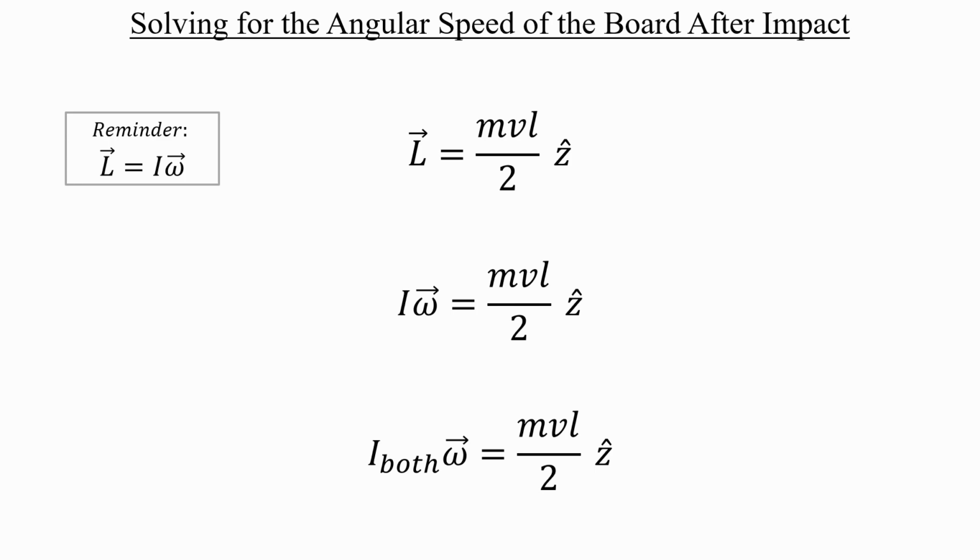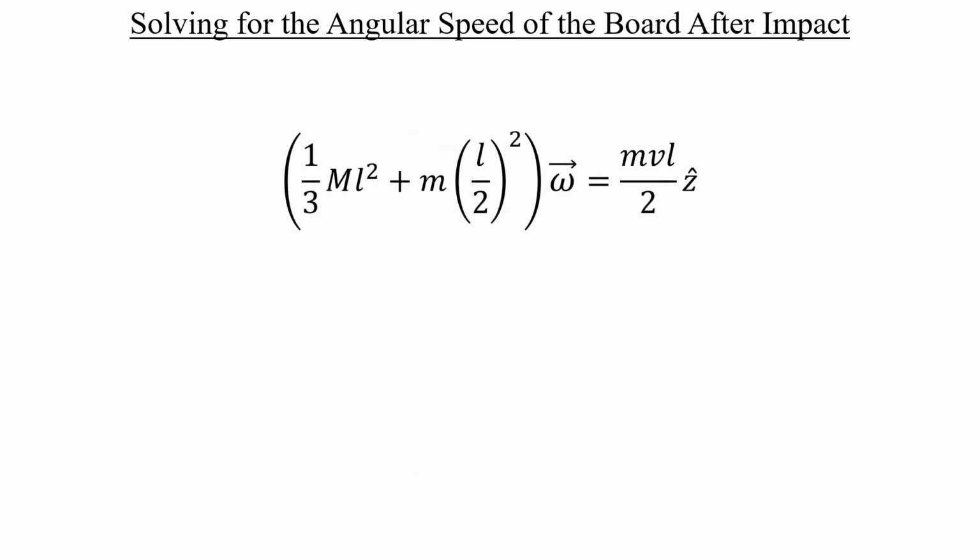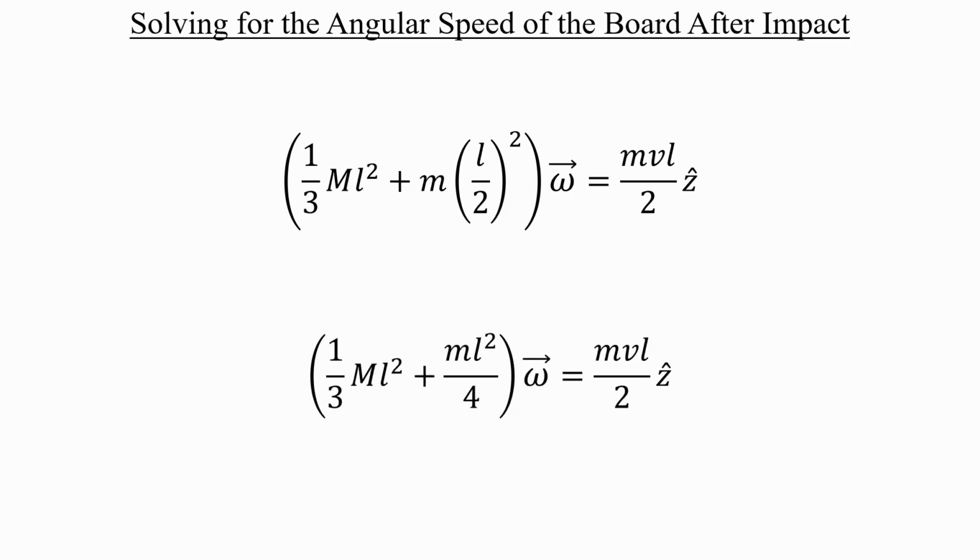And here's what that moment of inertia sum looks like. The first piece in the parentheses is for the board, and the second is for the bullet, which we're approximating as a particle. Before we do anything else, let's square that inner L divided by 2 piece to get the following. And with that done, our next step is to divide both sides by this sum on the left.